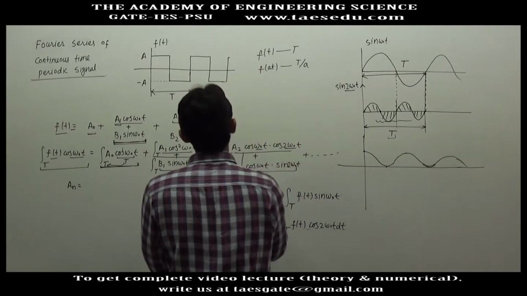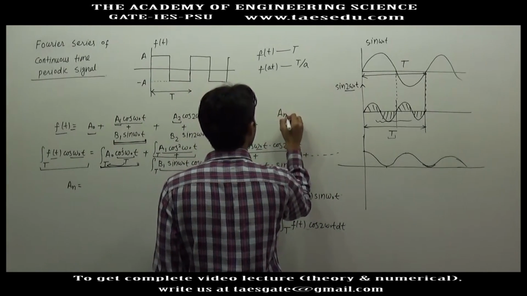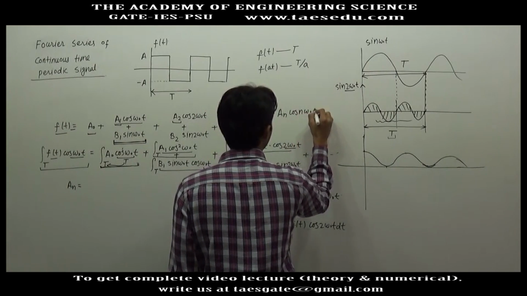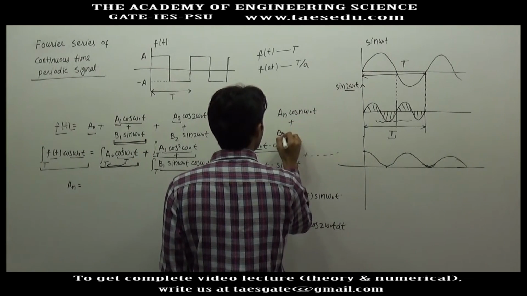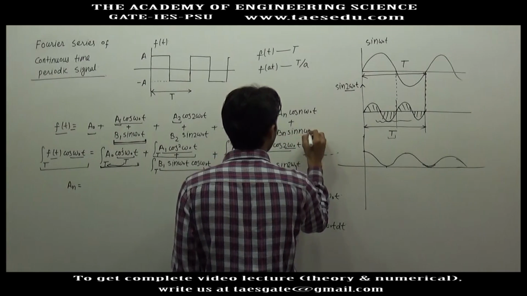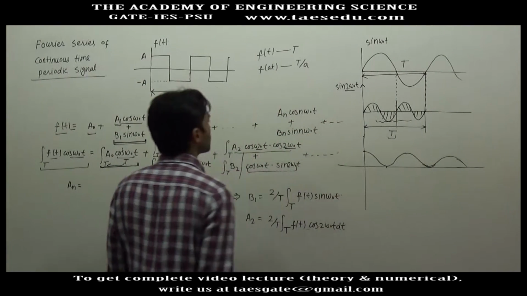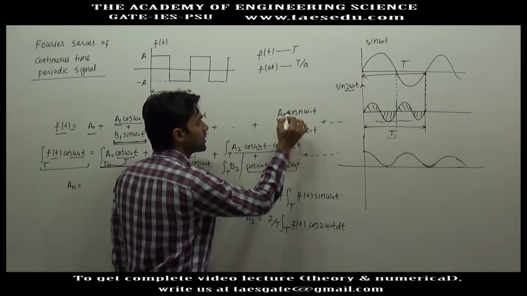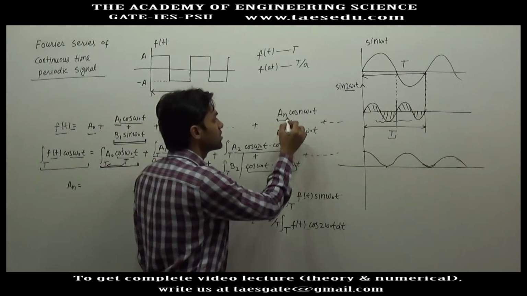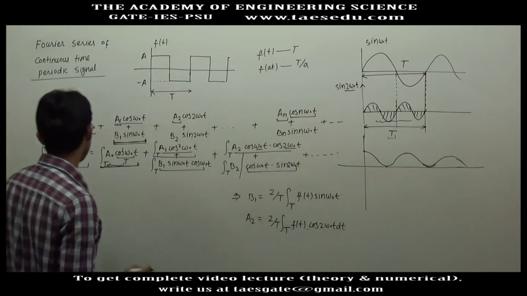the nth term is an cos n omega naught t plus bn sin n omega naught t. So if you have to find out an, you will multiply both sides with cos n omega naught t.